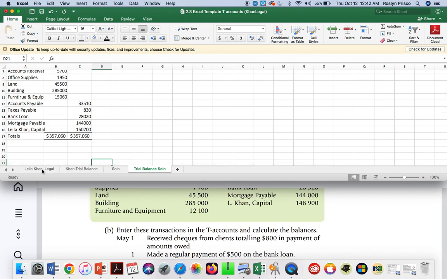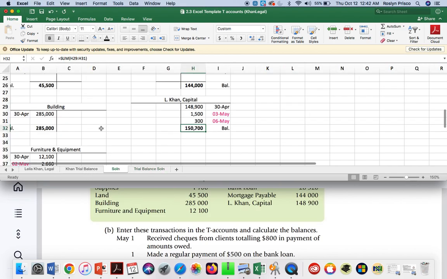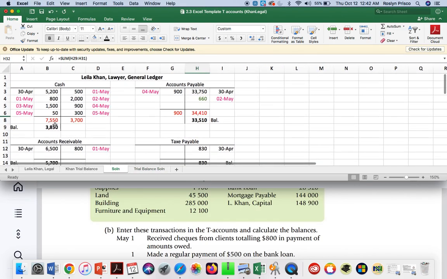And when you do it, by the way, you will notice that it's going to do this automatically for you. But for a test, if I gave you a T with a bunch of numbers, you would be expected to come up with the balance in the account and place it on the correct side, whether it's a debit or a credit. Okay, I hope that made sense.